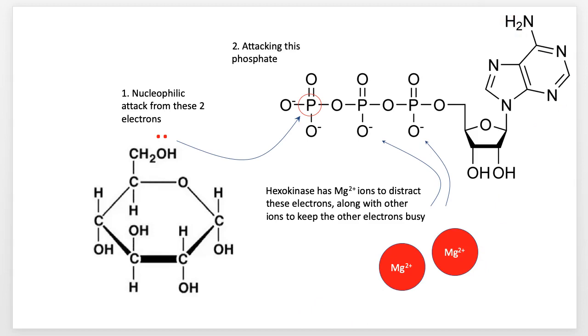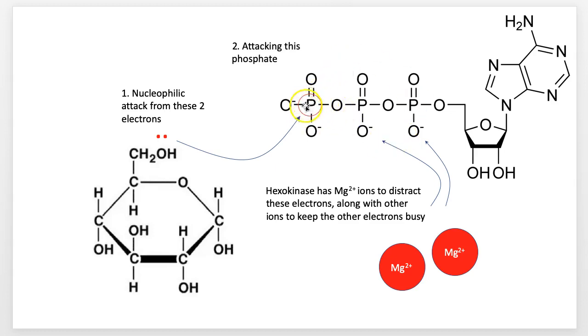And within the active site, which is where the enzymes do their thing, it's going to have magnesium ions, which is really, really common. We're going to see that a lot. And it kind of makes sense. If I want to make new bonds, I need to sort of distract the electrons that are around here and pull some of that negative charge that's attached to this positive charge, right?